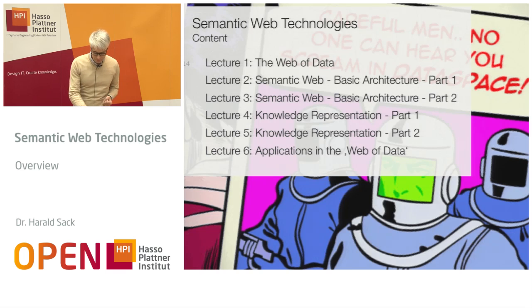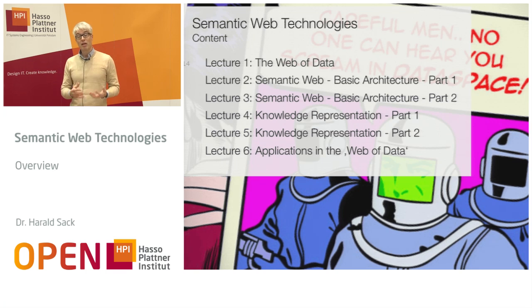Okay, so what is the schedule of the lecture? We have 6 lectures, and we will start first with the web of data, and then we will come in 2 lectures to the semantic web and its basic architecture. When we know the basic architecture of the semantic web, we will come to the question, how can we represent knowledge on the semantic web?